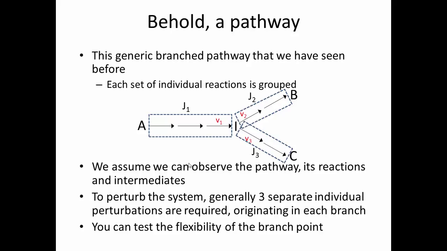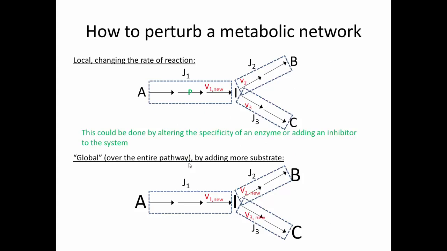But we can perform our perturbations in a number of ways. So we can do it locally. We can look at one enzymatic reaction. We can perturb it, and here is shown by this green P here. We can perturb it in such a way that we change the specificity of an enzyme. Maybe we add an inhibitor to a certain enzyme, and that changes the flux.